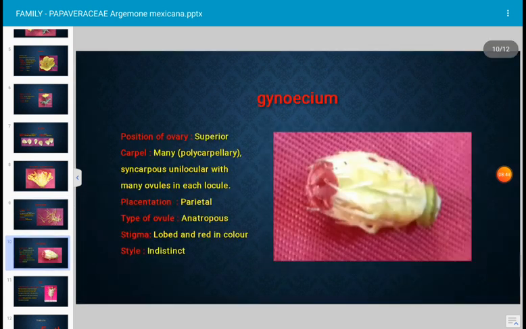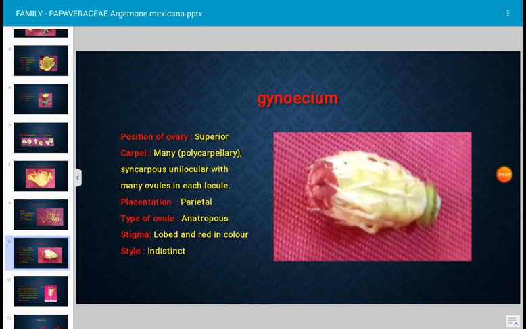Next. This is the gynoecium or female part of the flower of Argemone mexicana, Papaveraceae family. The position of the ovary is superior. There are many carpels, hence polycarpellary condition is there. And the carpels are united, syncarpous.